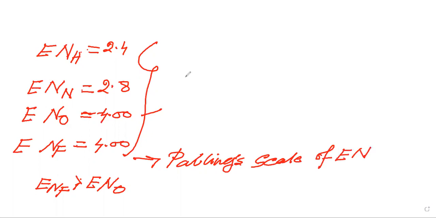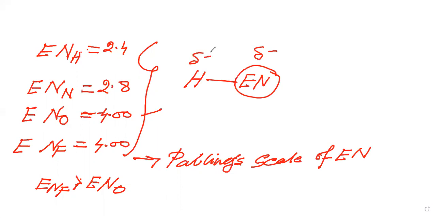Now what happens? Why am I saying that this is an extreme case of dipole interaction? When hydrogen is bonded to a very electronegative species, this electronegative species gets a delta minus charge and hydrogen gets a delta plus charge. But the extent of charge separation is too much.